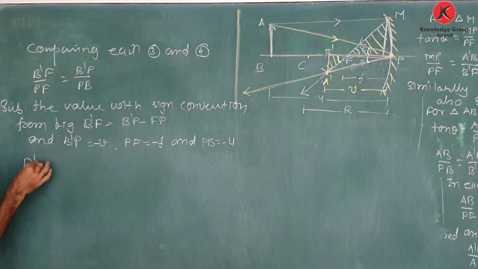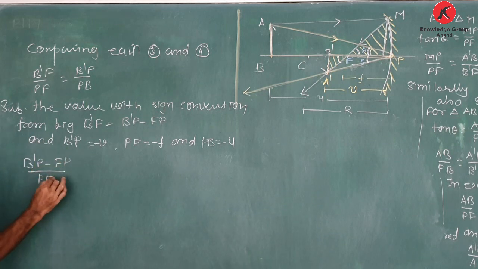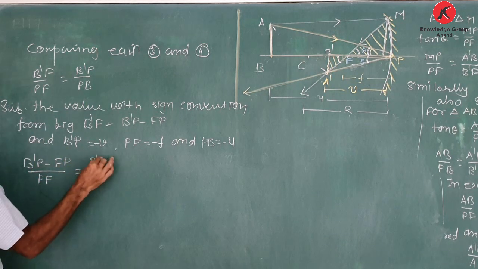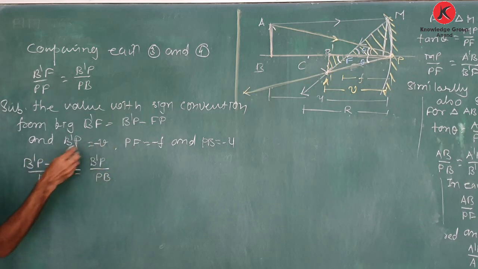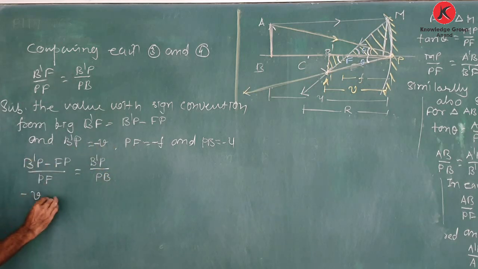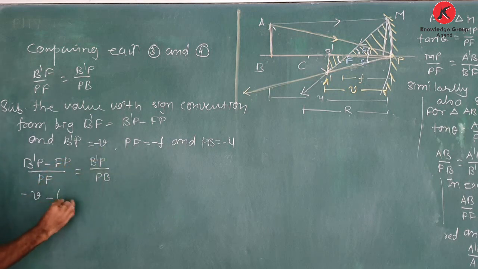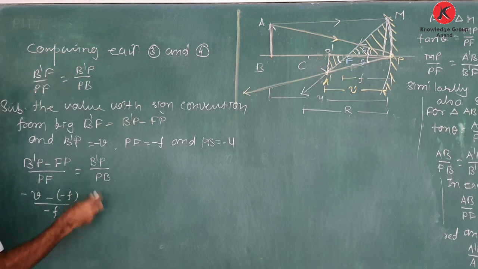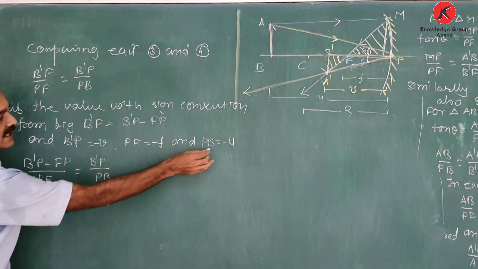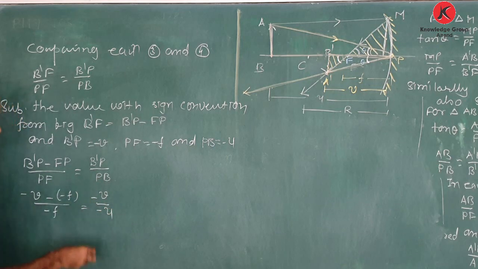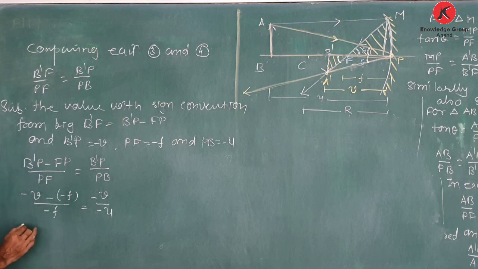Therefore, (B'P minus FP) upon PF is equal to B'P upon PB. Now B'P is minus v, and FP is minus f, upon minus f, is equal to minus v upon minus u. The minus minus becomes plus.